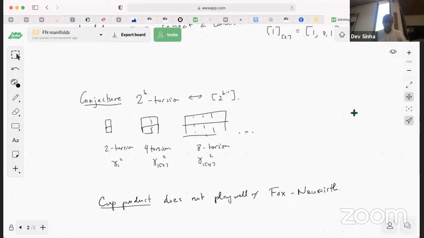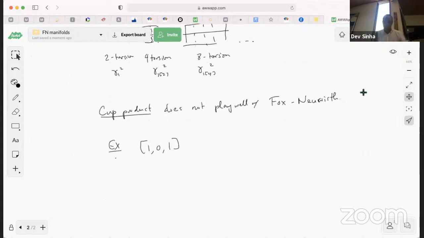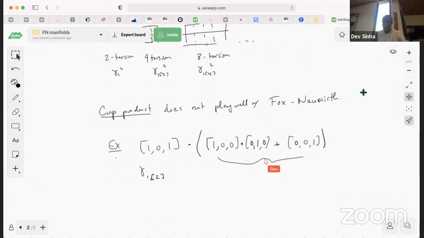The simplest example: this is a cocycle, this is gamma 1, 2. And let's take the cut product with this, which represents gamma 1 transfer 1, 2.